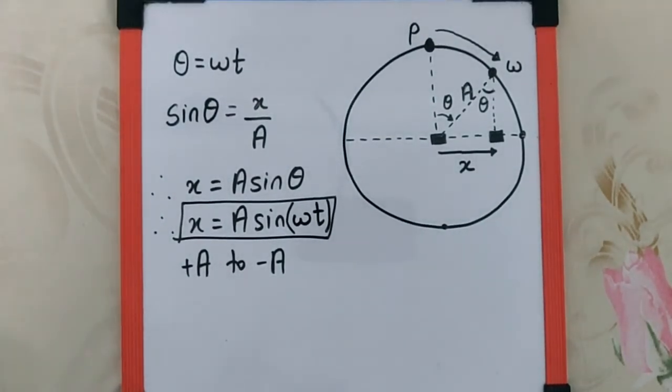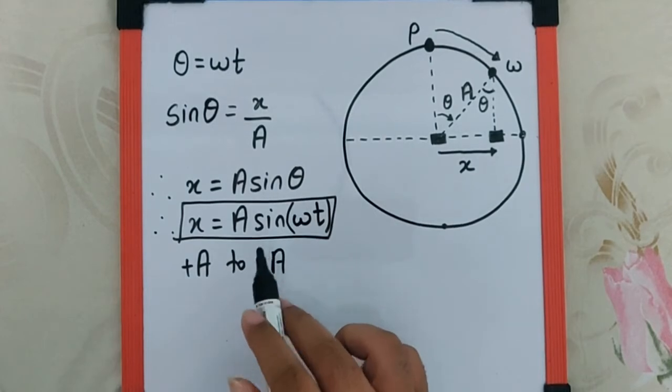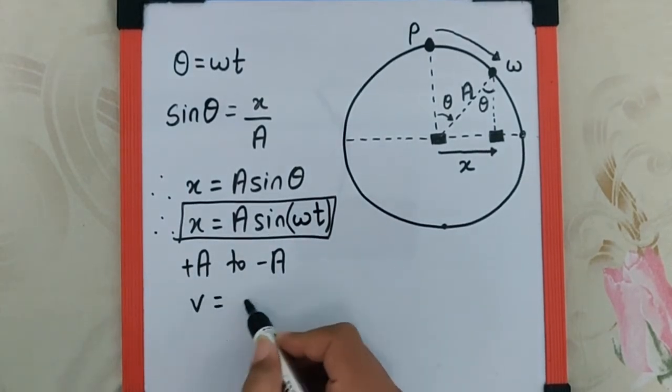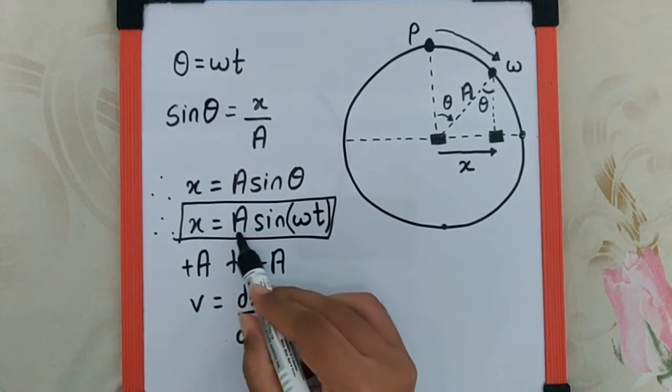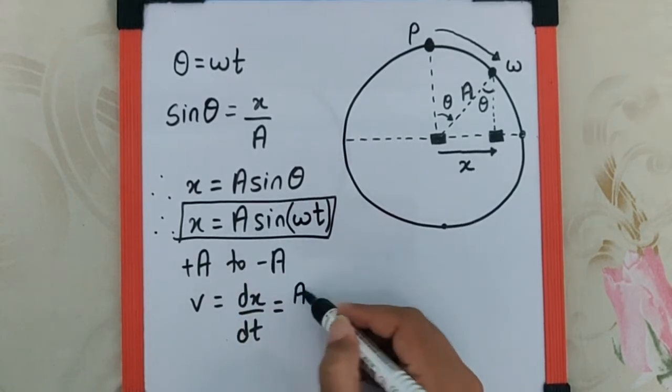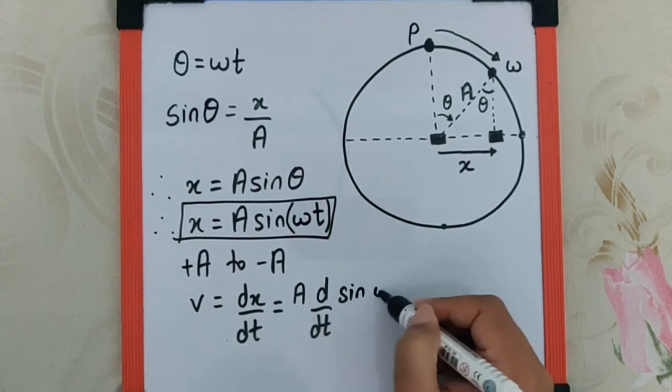Now to relate this with the differential equation of SHM, which is the standard equation of SHM, let's take the derivative of this equation. Now we know the velocity is dx by dt. So A being constant comes out, we get d by dt of sine omega t.